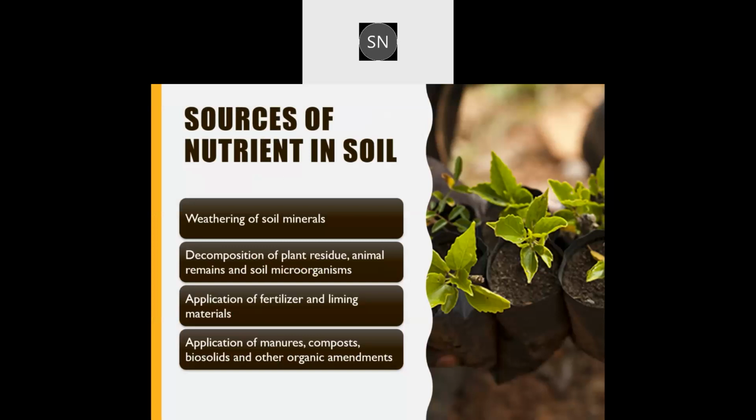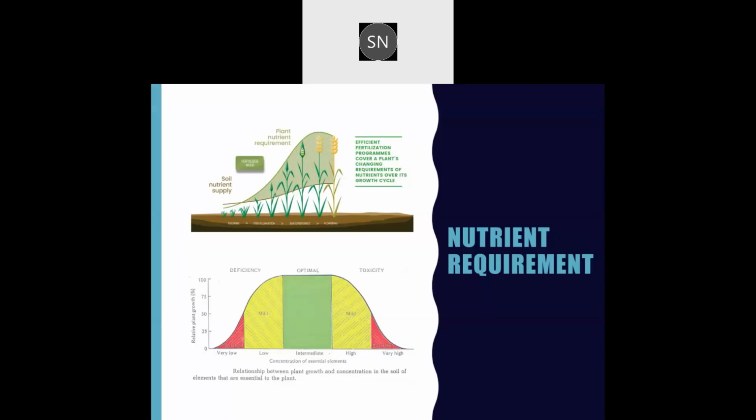Of course, sources of nutrients in soil. Sometimes a question can come out asking you to list down the sources of nutrients in soil, and you can find this question on your test two as well. I spent quite some time explaining the diagram, and you took more than half an hour to analyze this chart during our class time.